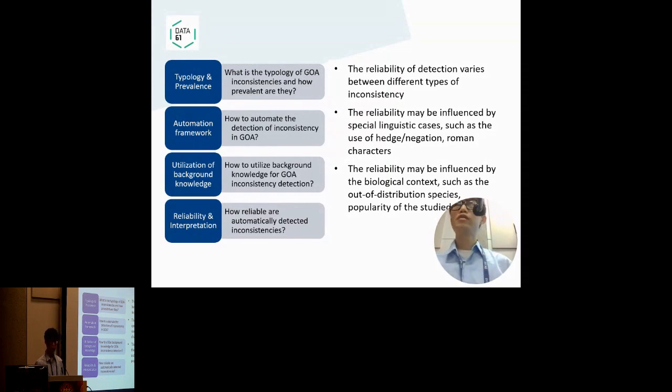Thirdly, because we are aware that external biological background knowledge is essential to support the evaluation of the consistency of GO annotation, we explored various kinds of biological background knowledge and proposed a feasible approach to integrate them as part of the inconsistency classification. And lastly, which is also very important, we propose various approaches to evaluate the reliability of our designed inconsistency detection system.